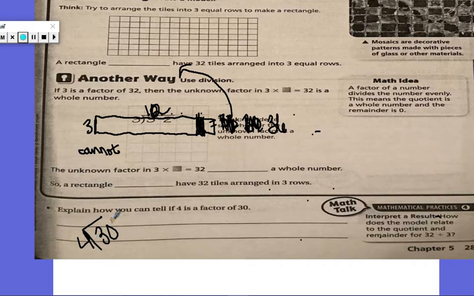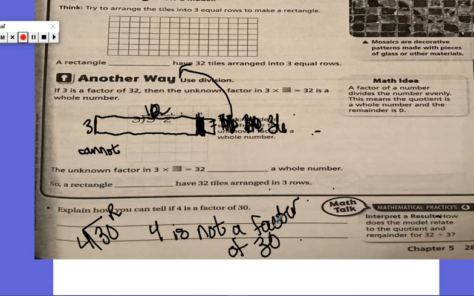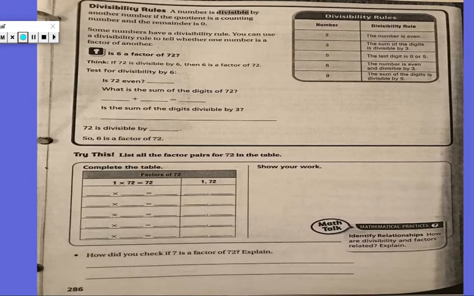But in this case, since there is going to be a remainder, then you know that 4 is not a factor of 30. Okay, so 4 times nothing can get us to 30. Remember, factor times factor equals multiple or product, and we know that there are no factors of 4 using 4 to get to 30. Alright, let's go to the next page.